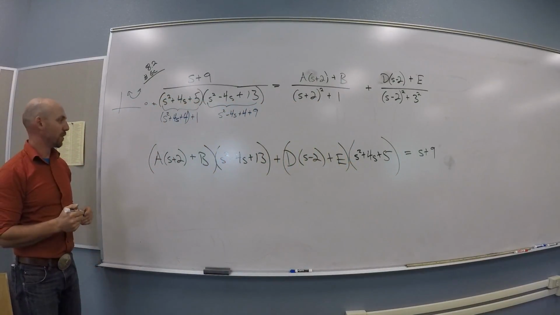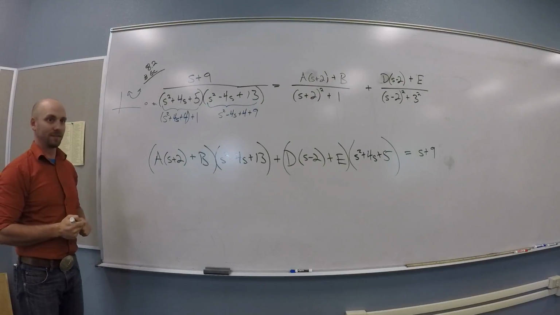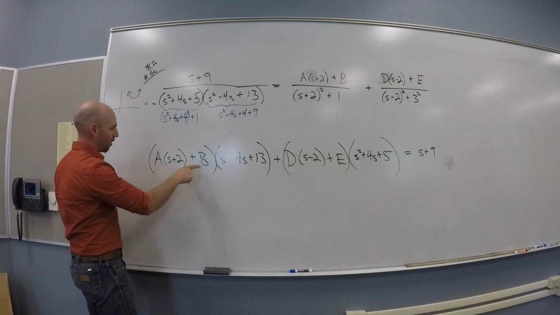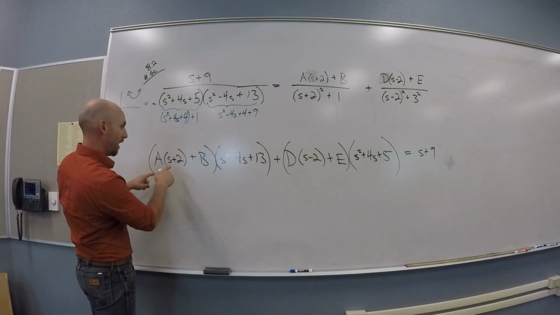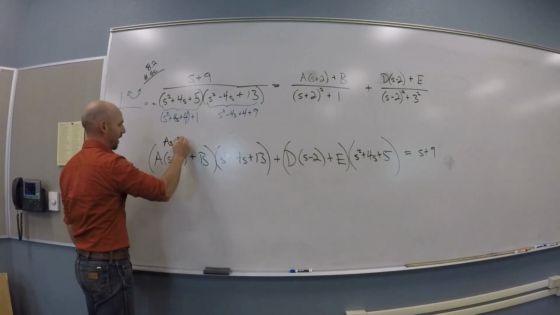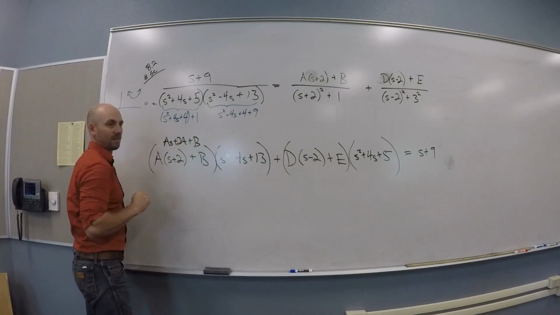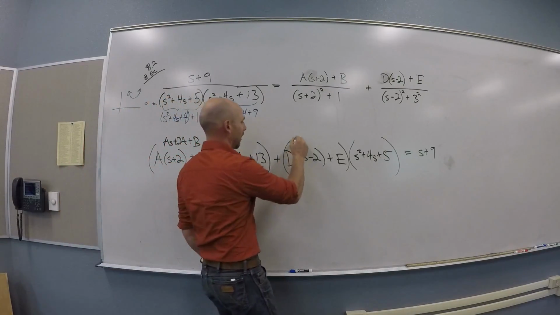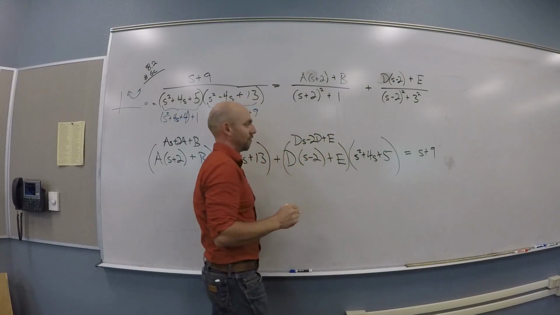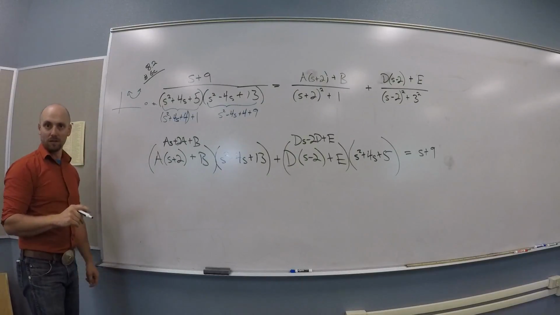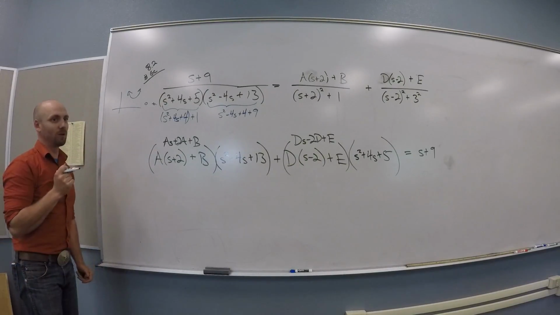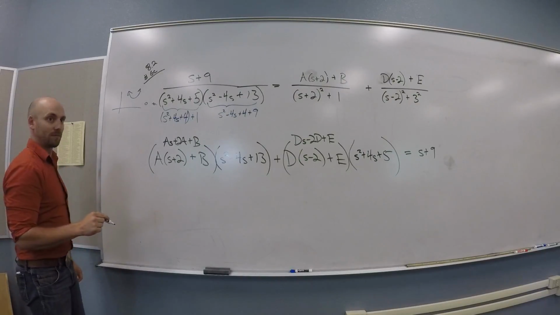And now you need to multiply some stuff together, right? All told in here I have an As plus 2A plus B. And all told in here, I have a Ds minus 2D plus E, rather. All the multiplying ever will happen now, right?